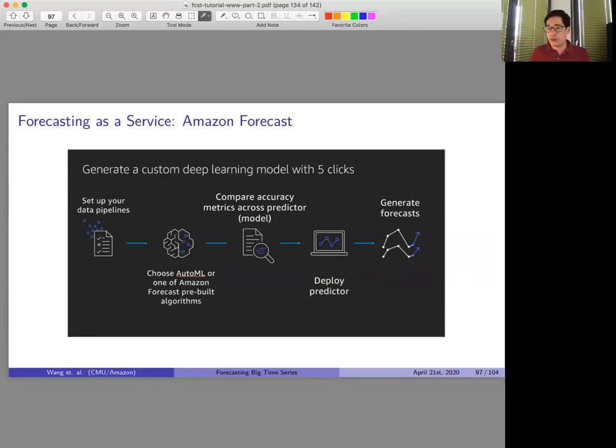If you want to, you use AutoML, or you can also directly choose one of the algorithms available in Forecast, for example, an enhanced version of DeepAR. If you've ensured that the accuracy is what you're expecting, you can then, in the 4th step, deploy the predictor, and then you set up in production and you can generate forecasts.